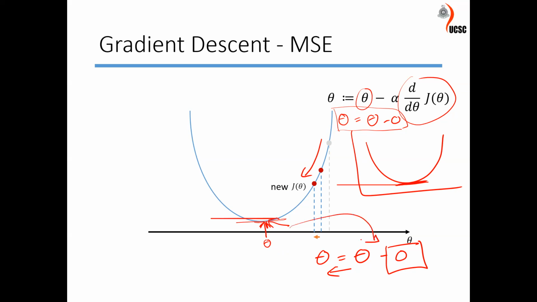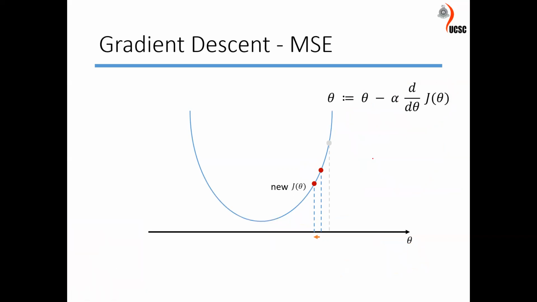If we subtract zero from some value, that gives the same value, so the theta converges. That's why it will give the minimum cost function value at this point for a particular theta.